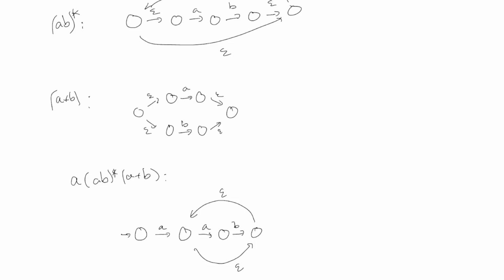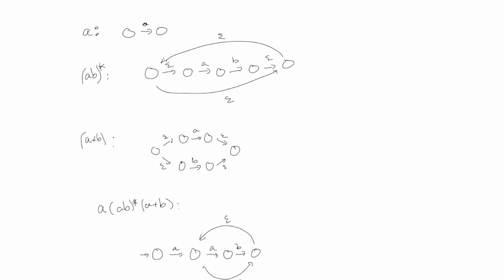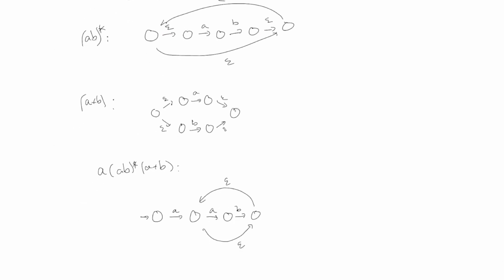If you want to abbreviate and omit some of the epsilons, that's fine, although don't leave out the important ones. These epsilons you definitely need because they express the fact that you're doing a star. But these epsilons on the inside are really not necessary. And then finally, this one I will do like this.